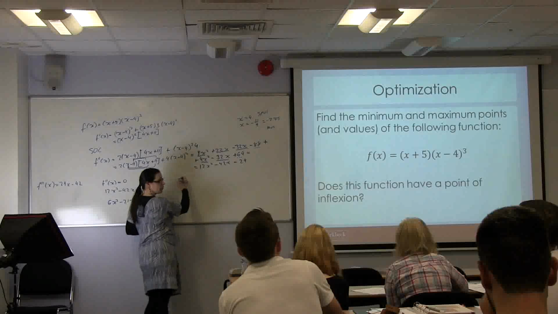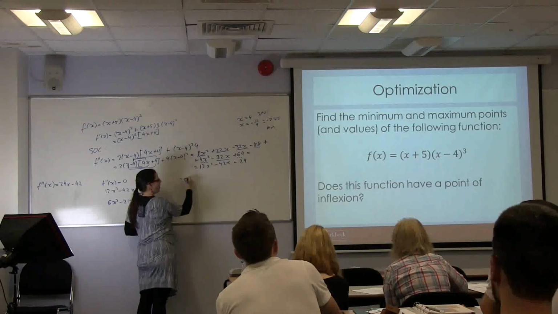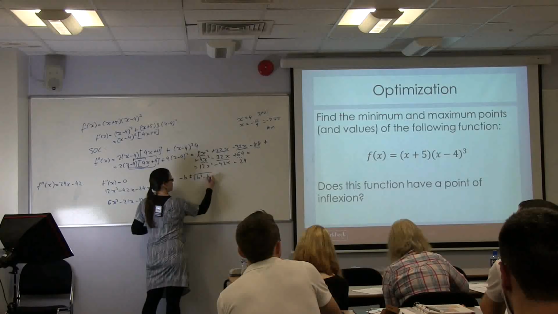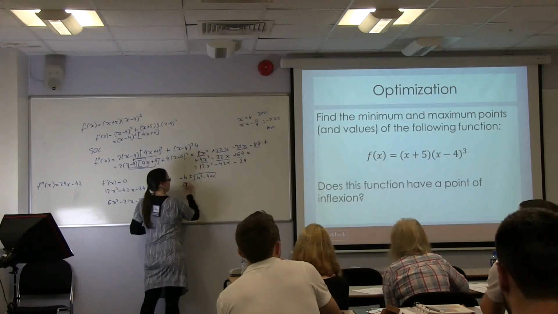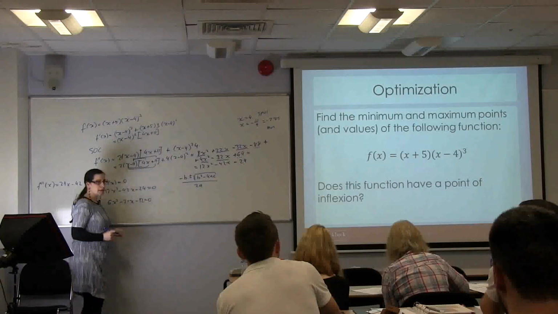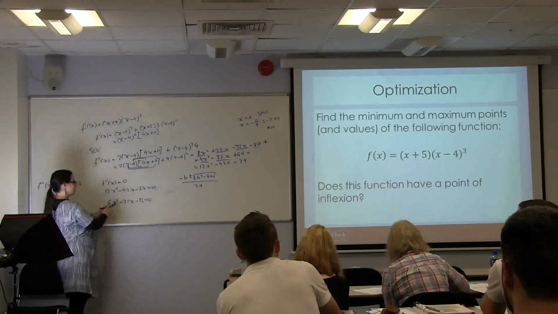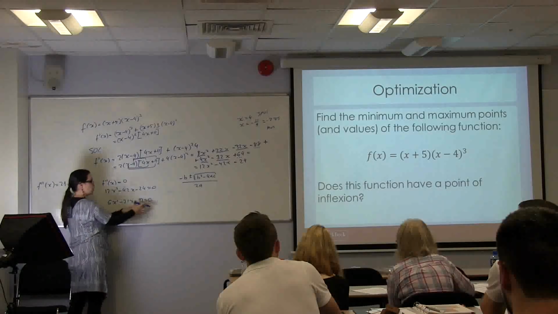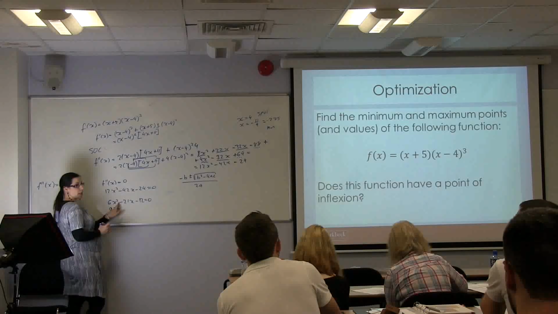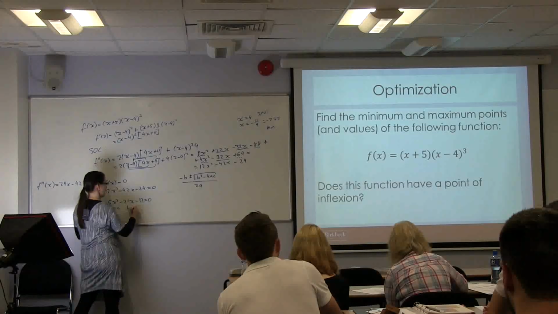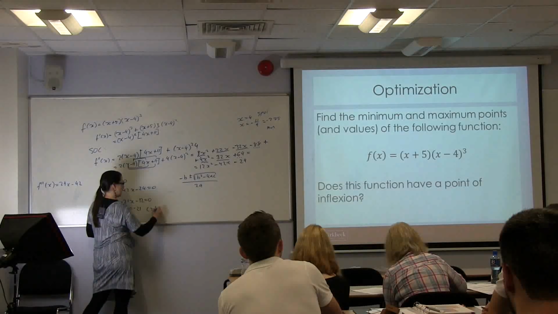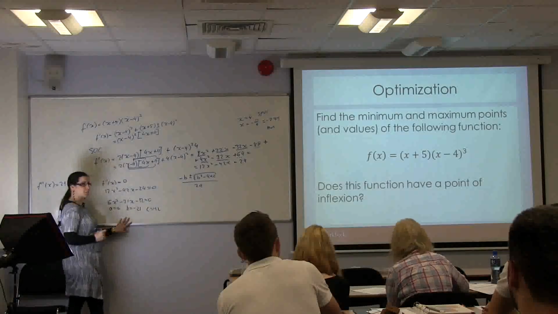So, anybody remember the quadratic formula? Minus b plus minus square root of b squared minus 4ac over 2a. What is a, b, and c in this case? Those are the coefficients of the different terms. A is the coefficient of the quadratic term, b is the coefficient of the linear term, and c is the constant term.